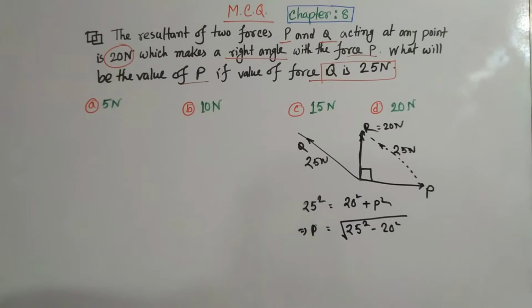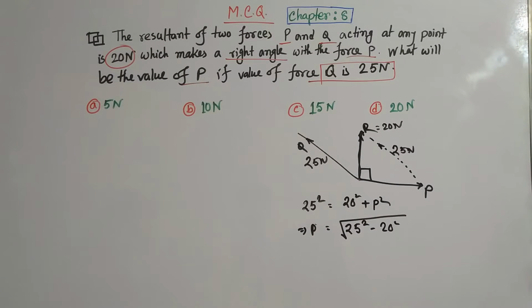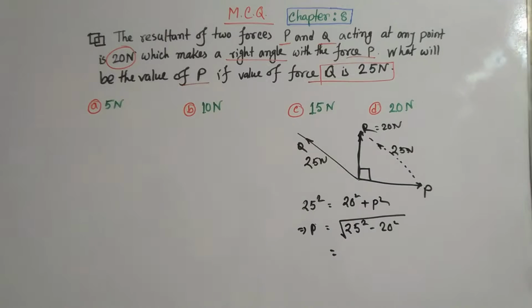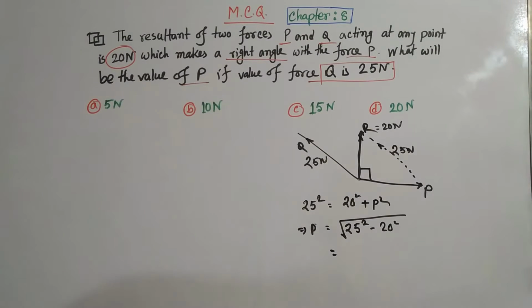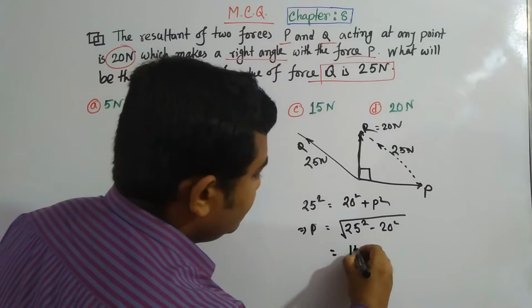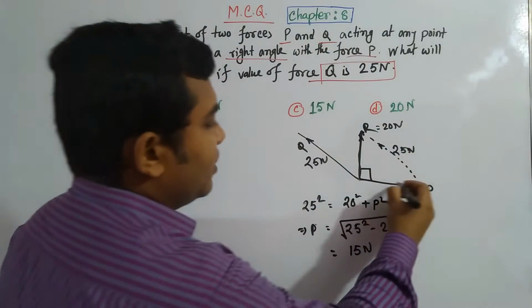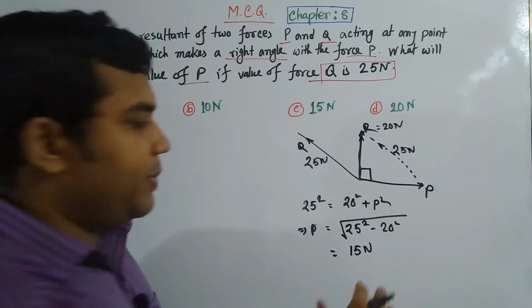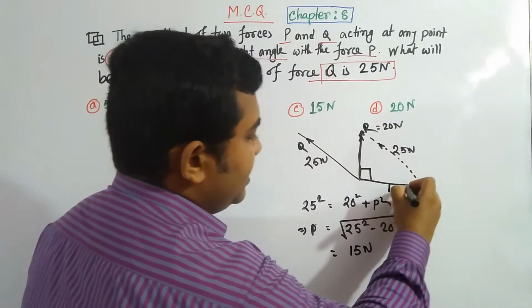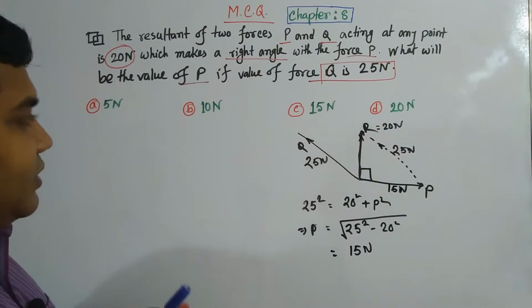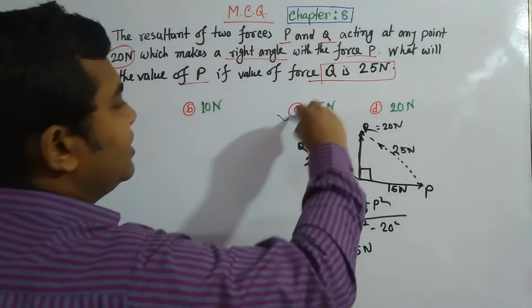This is how we can find out these types of problems. If we calculate the squares, we will get the answer 15. So the force P should be 15 Newton. So the answer should be 15 Newton.